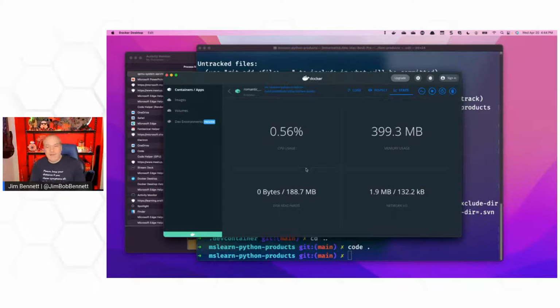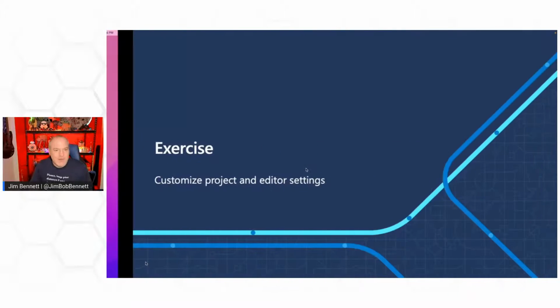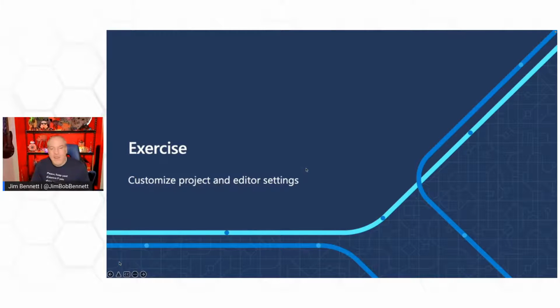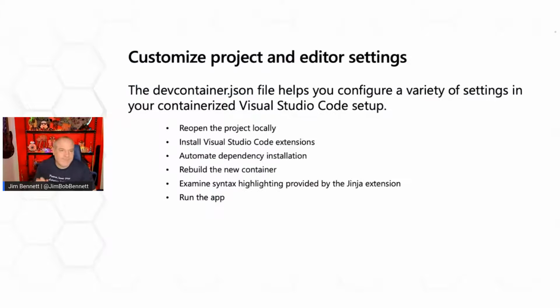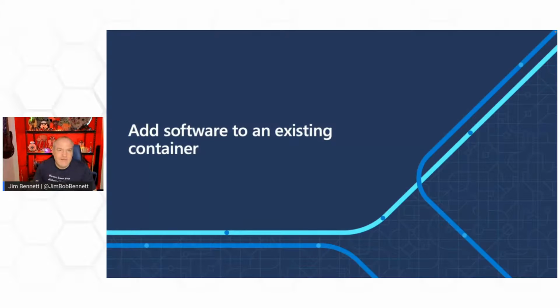So it's running, it's working, it's not using that much CPU, not using that much memory. Pretty sweet. So we've done a bit of customization. We've got it so that it adds the Jinja extension and then installs the pip packages. So that's what we've done.